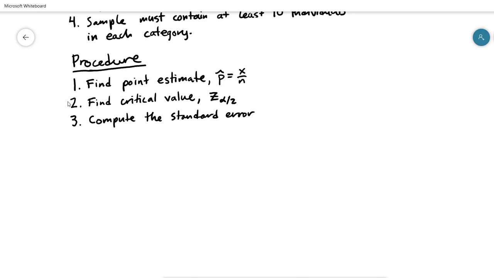So this will look a little bit familiar. This is going to be, again, a throwback to the binomial distribution. Our formula for this standard error is the following. It is p hat times 1 minus p hat, whole thing divided by n, and then we take the square root of that whole thing. That's what the formula looks like.